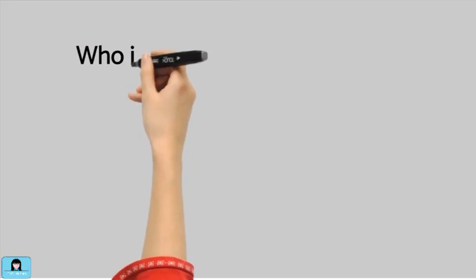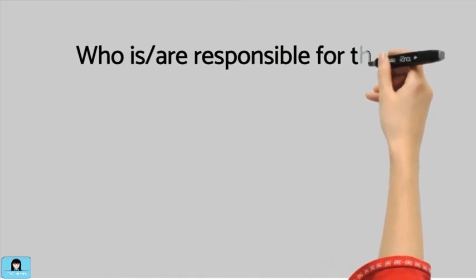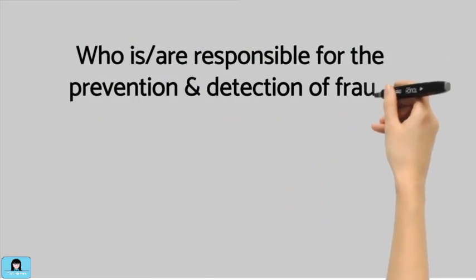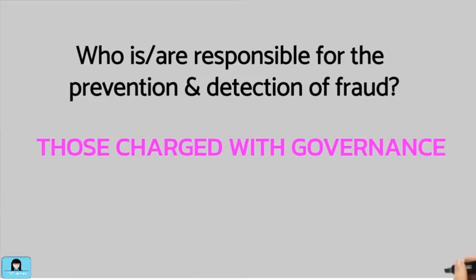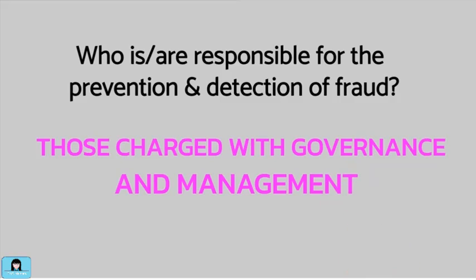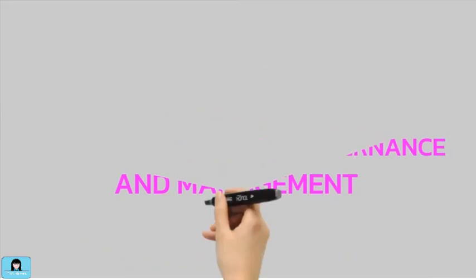In a business organization, who is responsible for the prevention and detection of fraud? The answer is both those charged with governance of the entity and management. Those charged with governance may include management personnel.